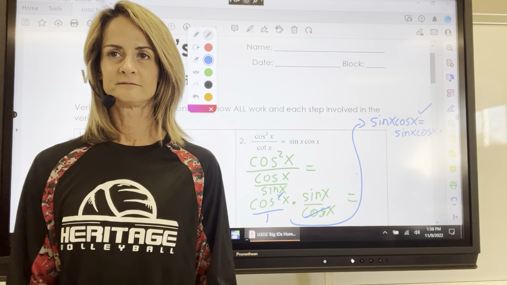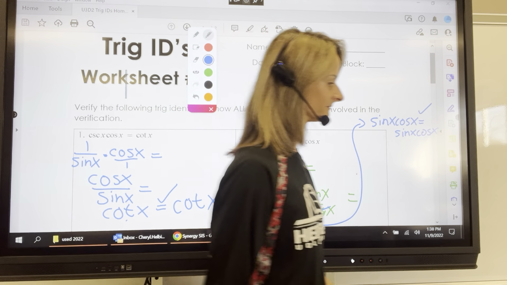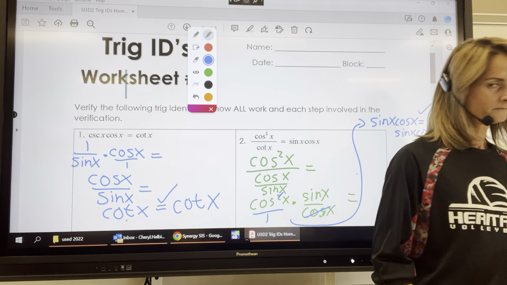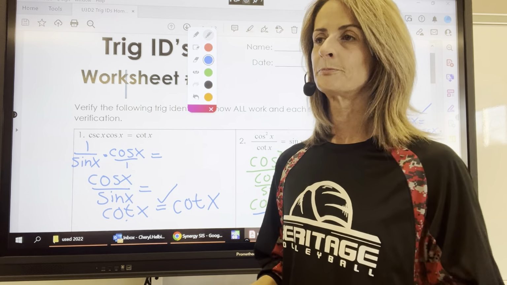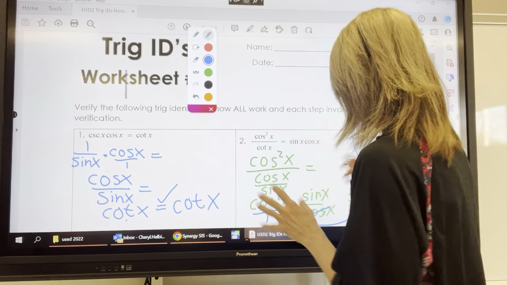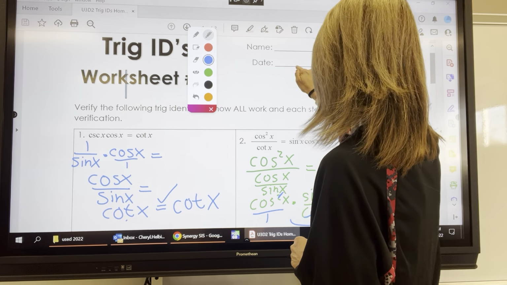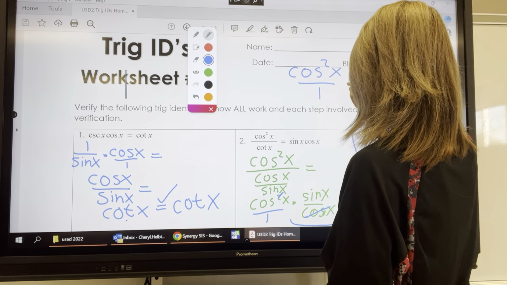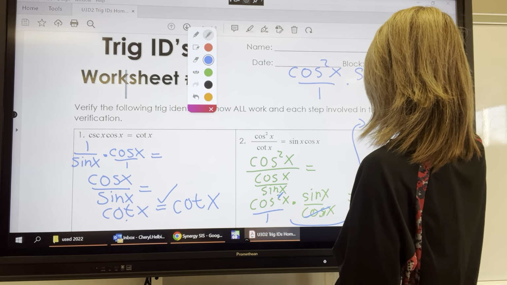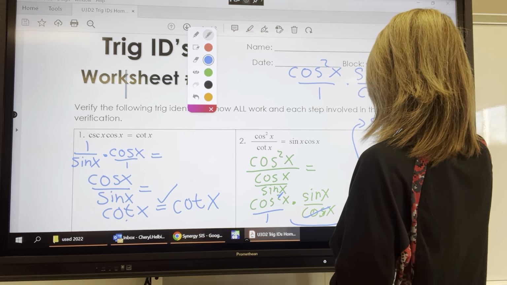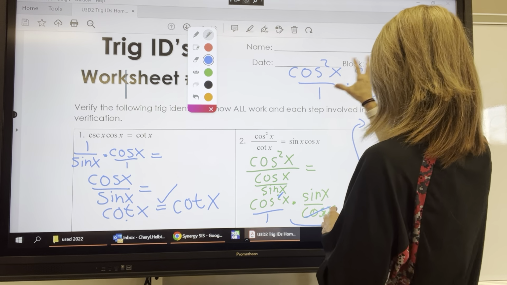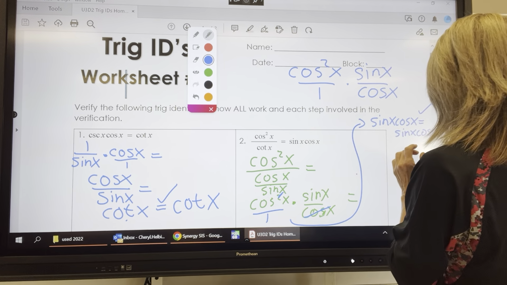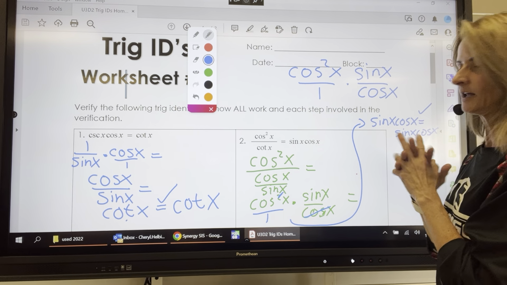How are we doing? Yeah. How does the 2 get x'd out? So what I did was, this is the cosine squared of x over 1 times the sine of x over cosine. So if I rewrote this just the way it is now, I would end up with, can I erase this stuff?